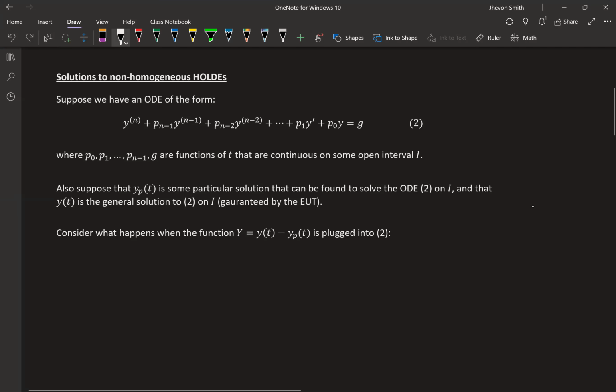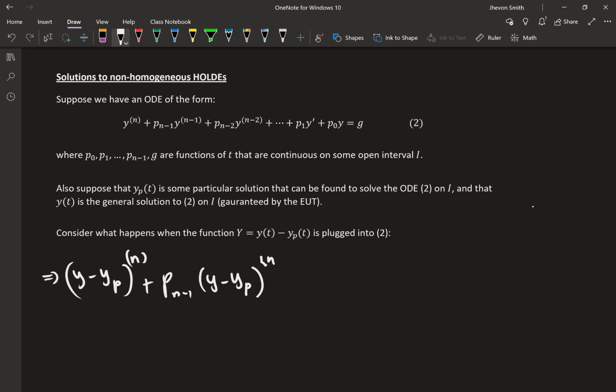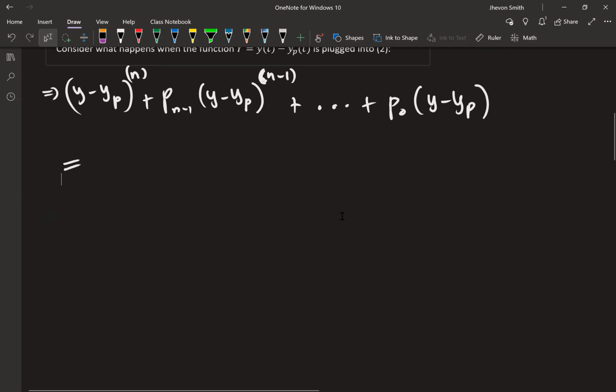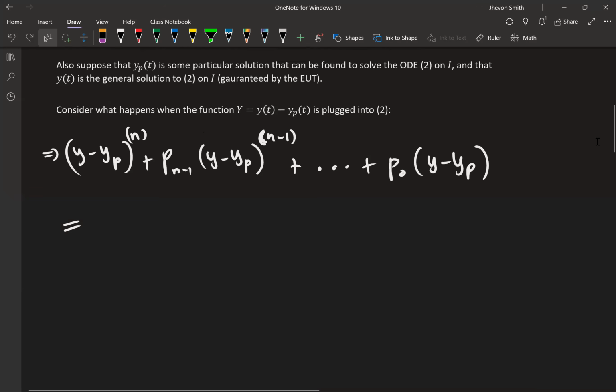I would be able to get (y minus yp) to the nth derivative plus pn minus 1 times (y minus yp) to the n minus 1st derivative, plus dot, dot, dot, plus p naught times (y minus yp). I can group these guys based on the y's and the yp's.